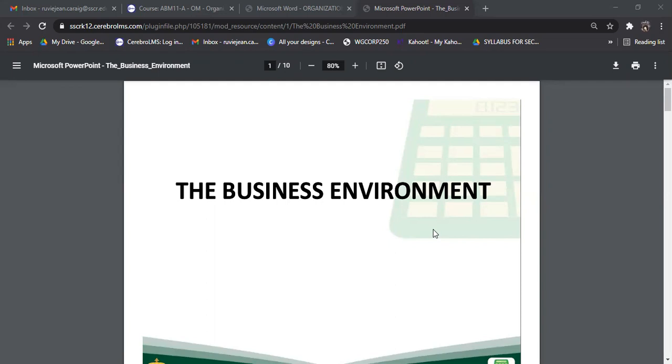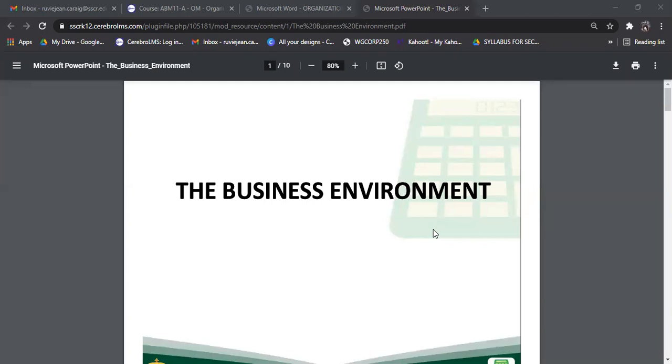Kung natatandaan nyo, class, one of the roles of a manager is decisional role. Diba? We have the interpersonal, we also have the informational, and we also have the decisional role. All of these roles and skills of a manager is needed in the business environment.